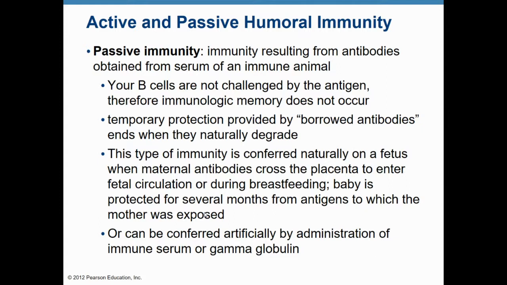And so your immune system makes antibodies against those microbes, and then you pass the antibodies to your babies when you breastfeed them. So it's kind of like this whole cycle that occurs. So you can have this conveyed from mother to offspring, or it can be conveyed artificially by giving somebody a dose of what we call gamma globulin or immune serum, just highly concentrated antibodies from another individual or another animal.